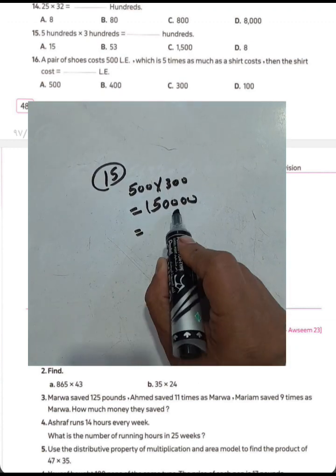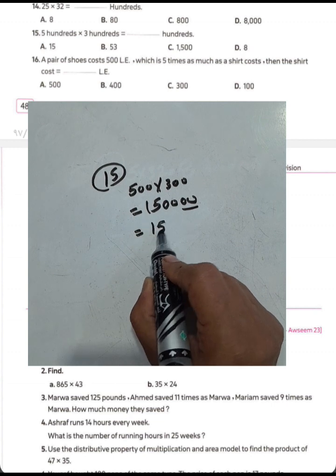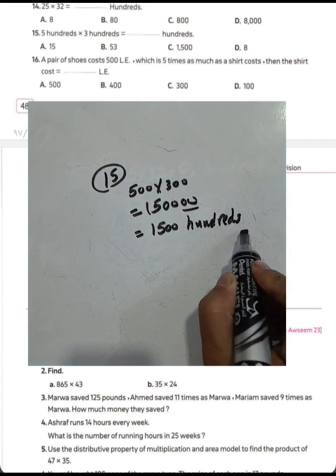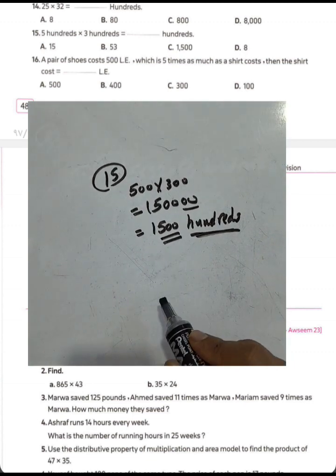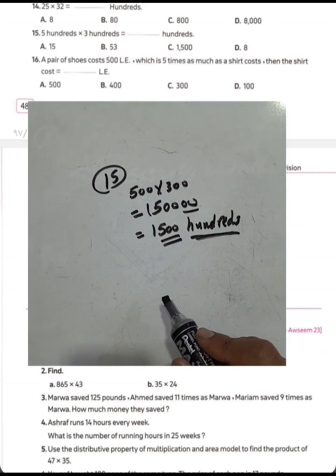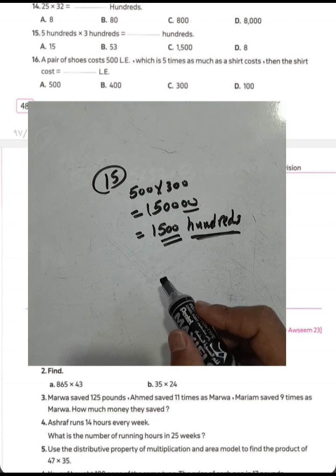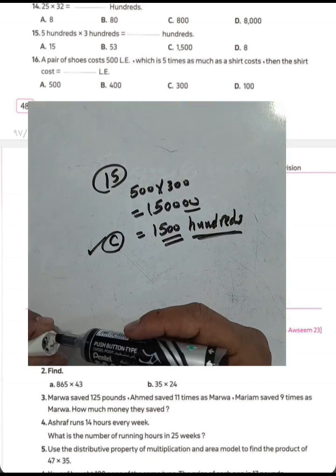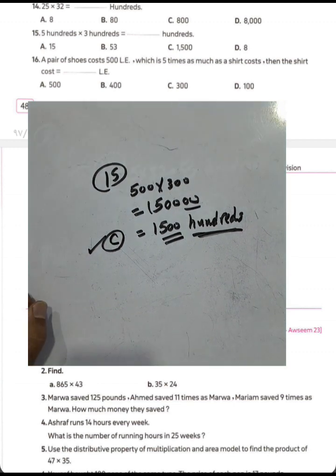The result will be what? The result will be 1,500 hundredths. Right? 1,500 hundredths. Letter C. Okay.